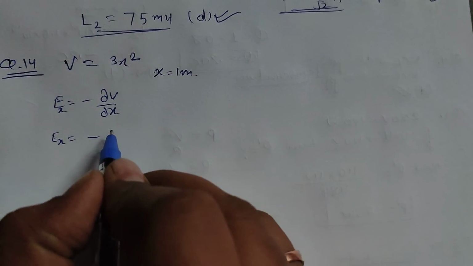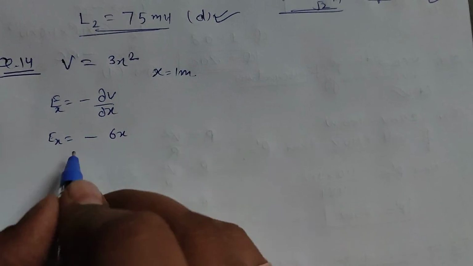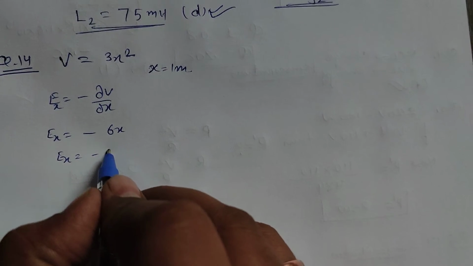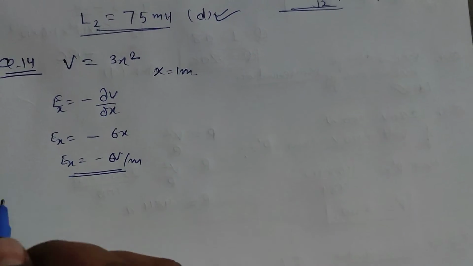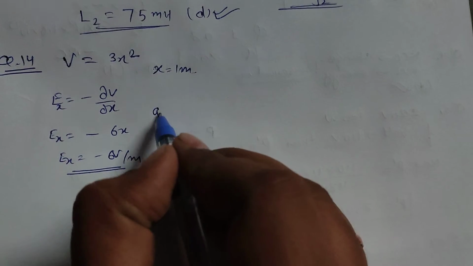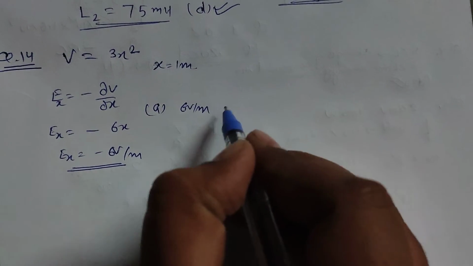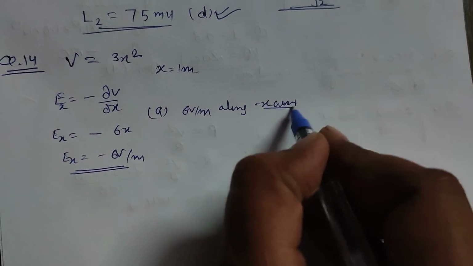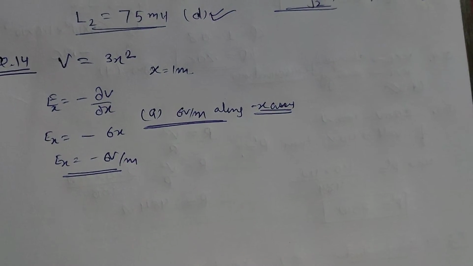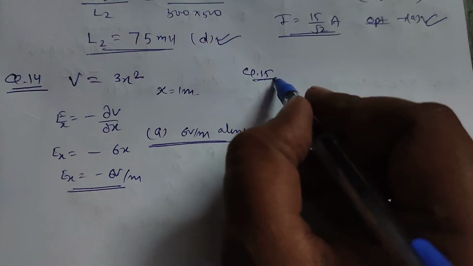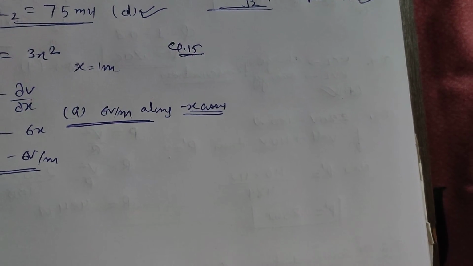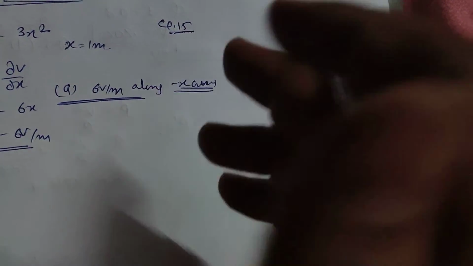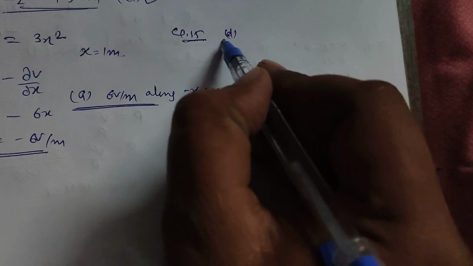E x is equal to minus 6x, and E x is equal to minus 6 volt per meter. So the correct option is A, 6 volt per meter along minus x axis. In question number 15, there is a diagram, and they ask about the correct diagram. So it is common. Option D is the correct option.